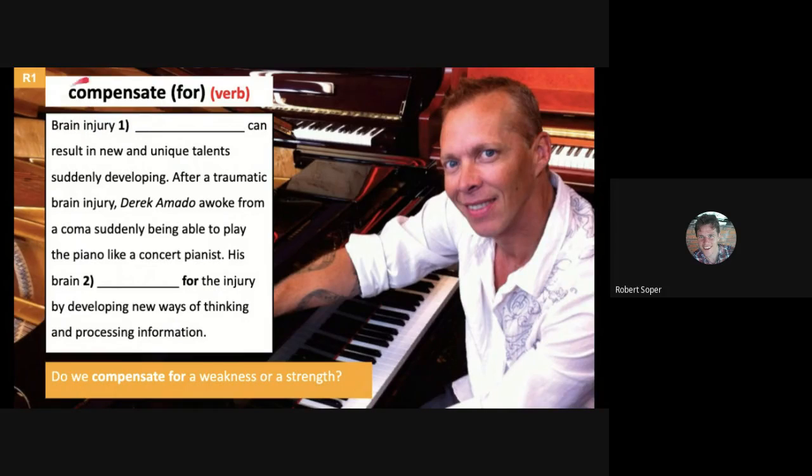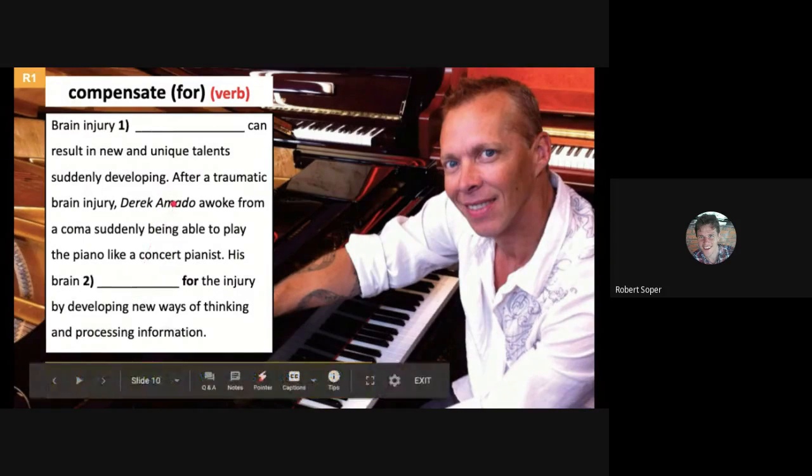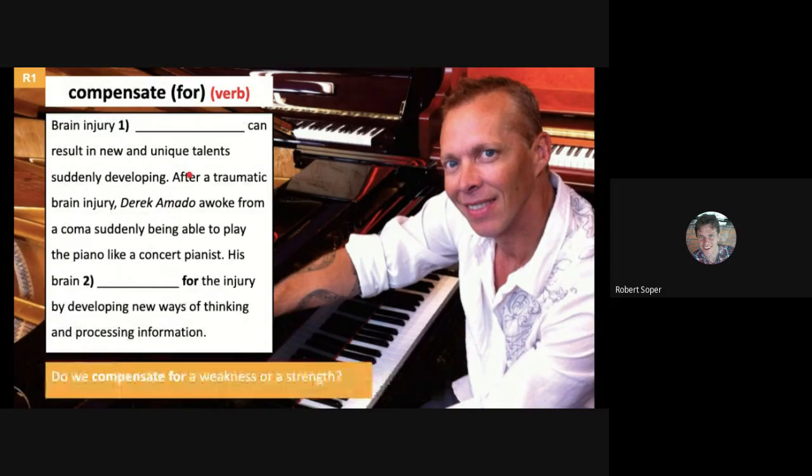Think about the different word forms for compensate. Then read the paragraph. Decide whether you will be using a noun, an adjective, or a verb in each of these gap fills. And if it's a noun, think about what type of noun it might be. If it's a verb, think about its tense and how its correct word form would be used. Okay, pause the video and try and do that.